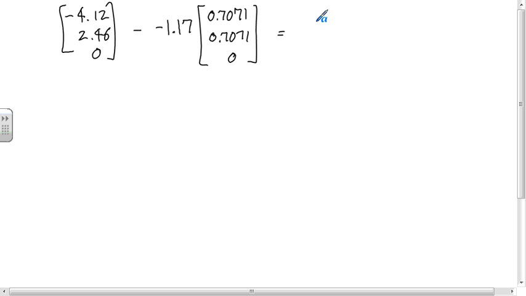Okay, so we get negative 3.29 for the x component, 3.29 for the y component, 0 for the z component. And now hopefully if we take the magnitude of this, it'll give us 4.65.